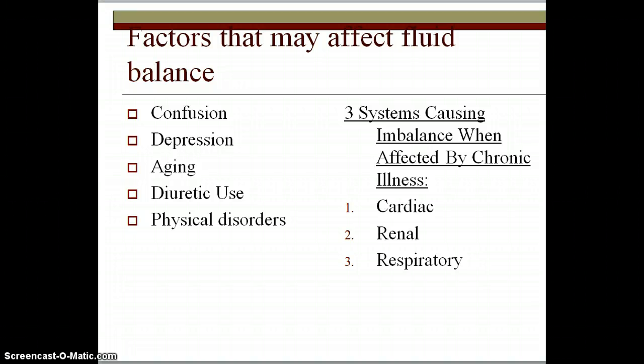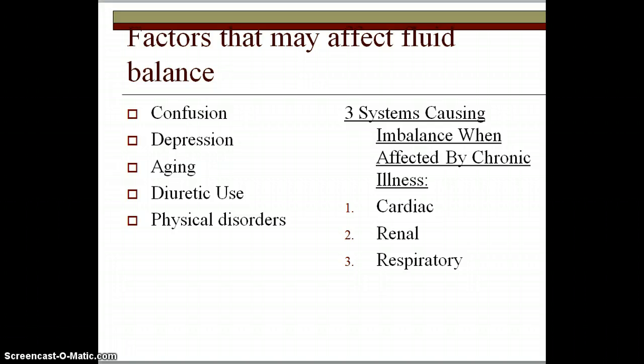Other physical disorders we may see: pituitary tumors, hypersecretion of anti-diuretic hormones. So again, those endocrine disorders can come in to affect fluid when they are off. Congestive heart failure. Anybody with renal disease has the potential for having their fluid balance affected. Our renal disorders involve kidney function, so if there's chronic problems there, we know that the kidney is responsible for helping to control the fluid intake and output.